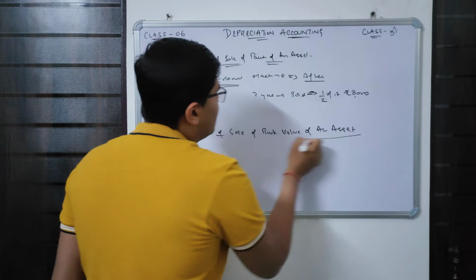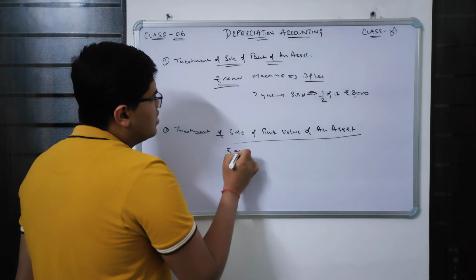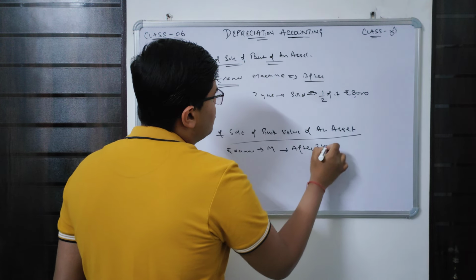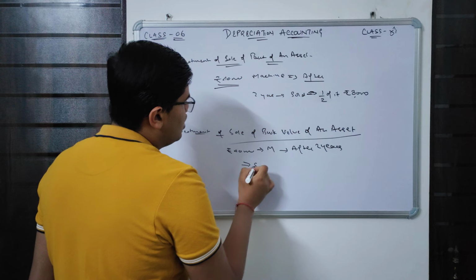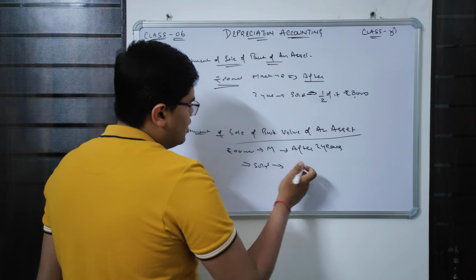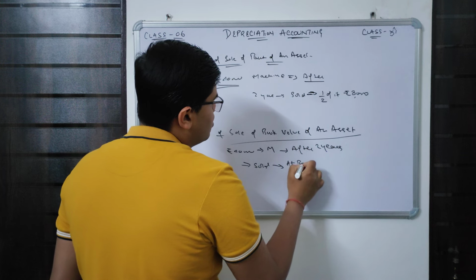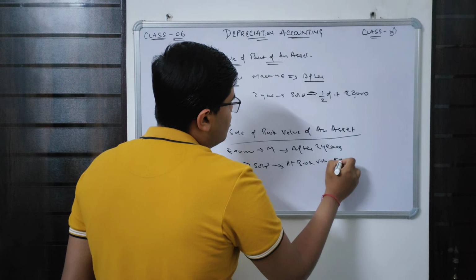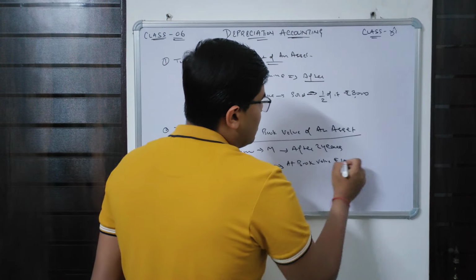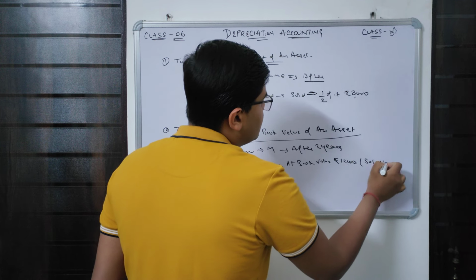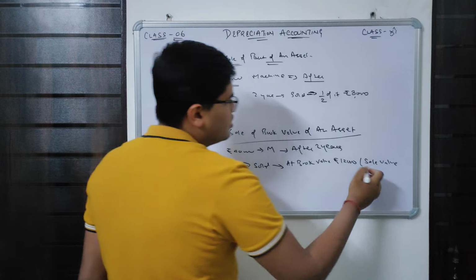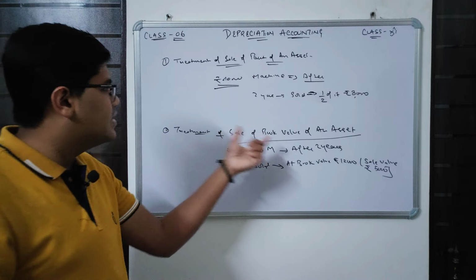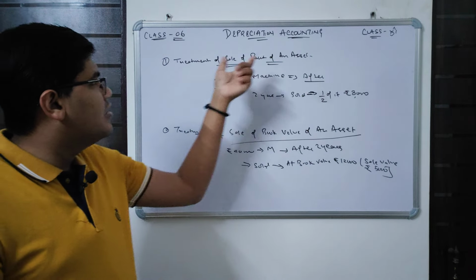Now, taking the above example, that purchased machinery for rupees 40,000, and after 2 years, sold at book value rupees 12,000, and the sale value, let us suppose it can be anything, 5,000 for example. So this is the treatment of the sale of the book value of the asset, and the earlier one is the treatment of the sale of part of an asset.